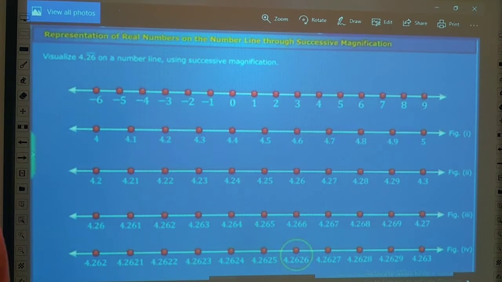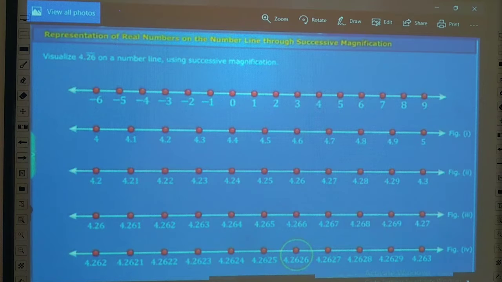And the second question is of 1.4 exercise. The second question is visualize 4.26 bar on a number line using successive magnification. So 26 upon that bar is there. So in the previous class I explained about the bar upon the digits.